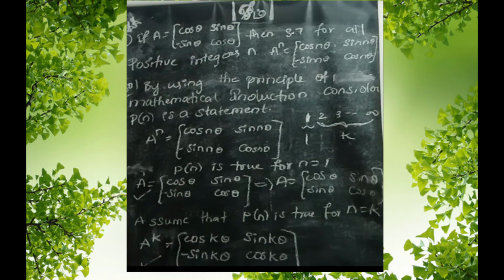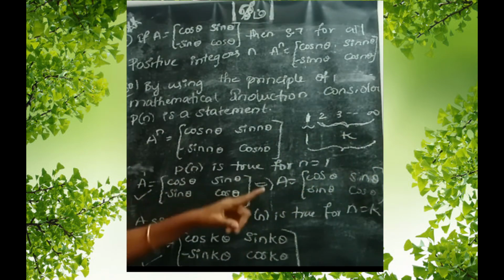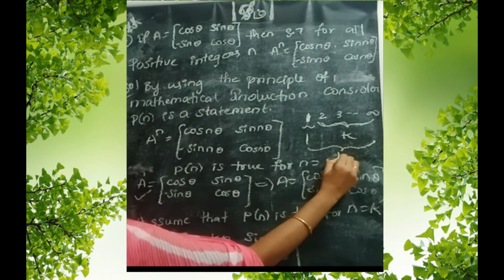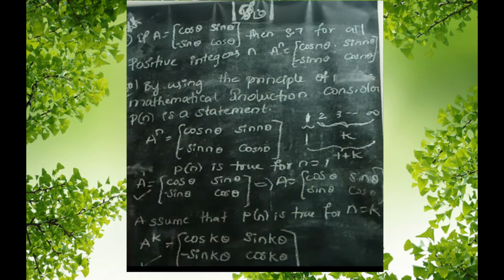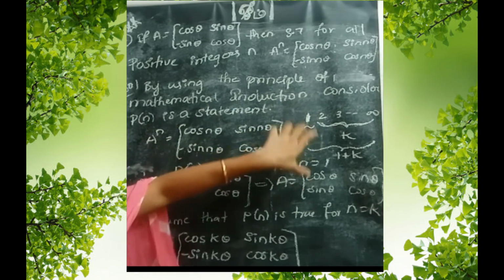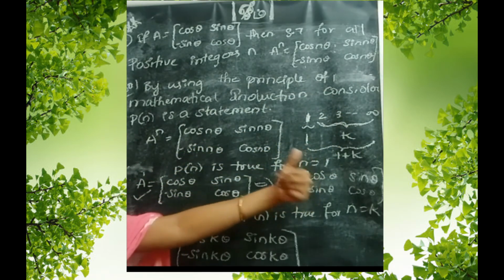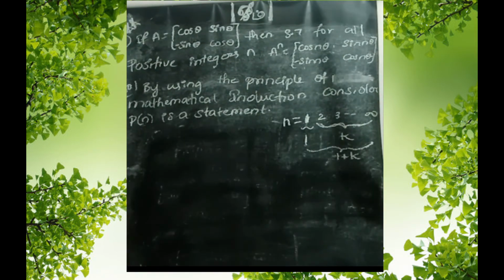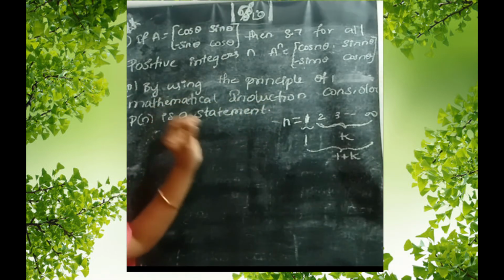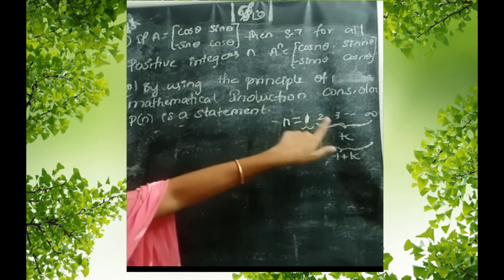Okay, now we have to show it for all positive integers. Then what do we have to do? We have to add this 1 with the k. Now 1 plus k. Now we have to show it for every positive integer. Then we have to write A power 1 plus k. Don't confuse it. Let n be a positive integer, so 1, 2, 3 and so on.